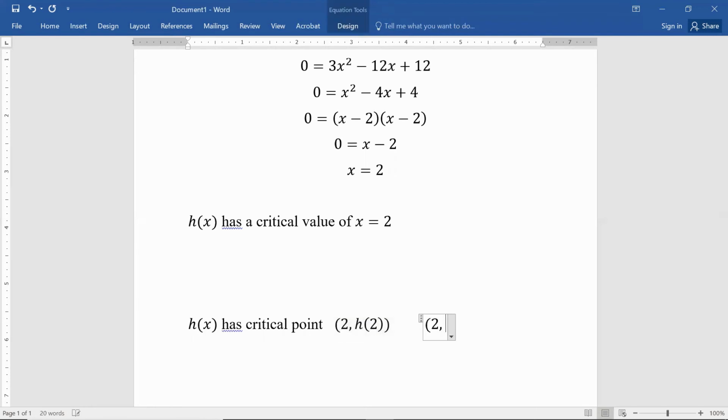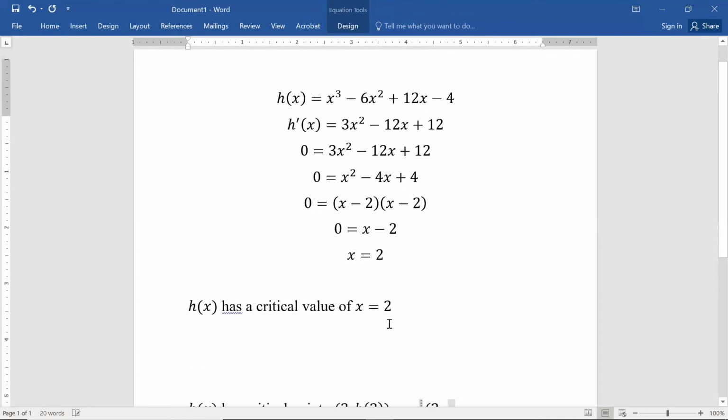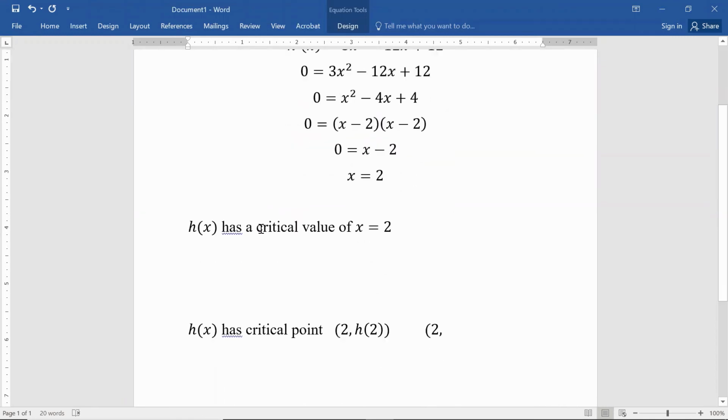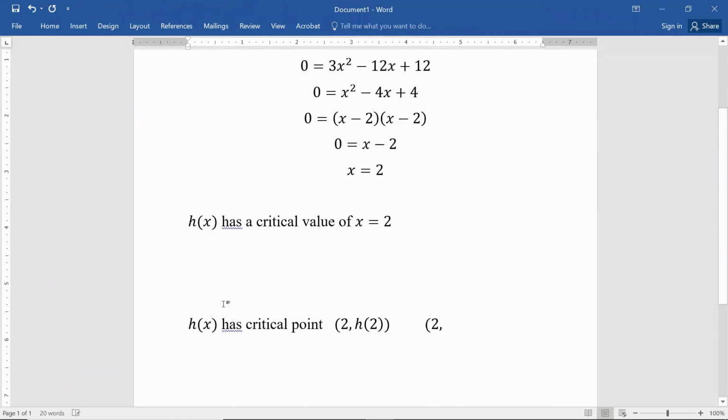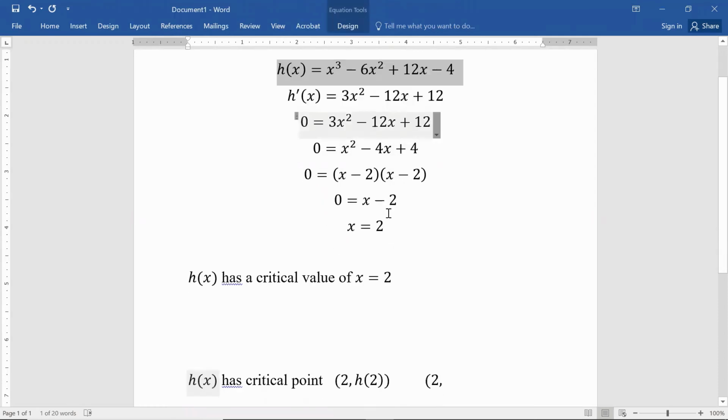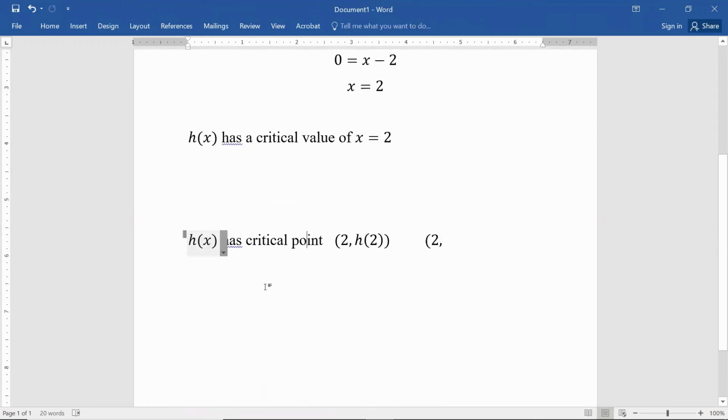When you plug in 2 into the function h, be very careful here. You're not plugging in 2 into your derivative. You're plugging in 2 into your original function. So make sure you don't make that mistake. There's a lot of people who will inevitably make that mistake. Let's plug that in.